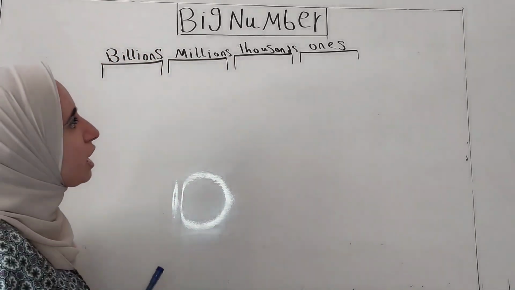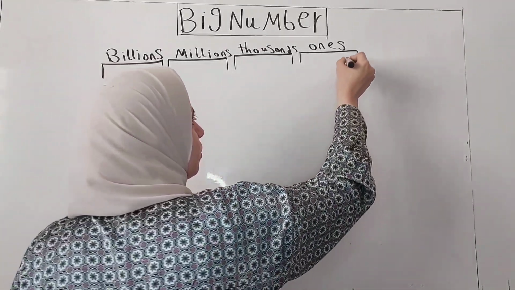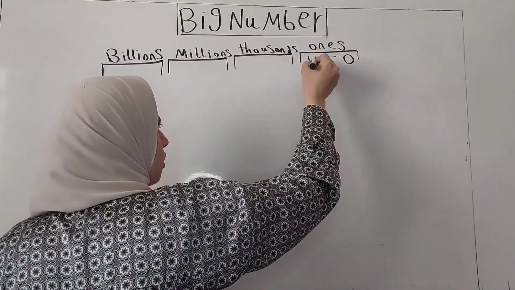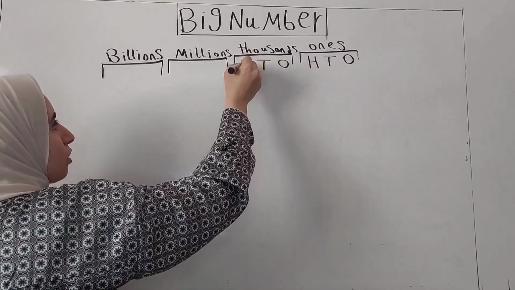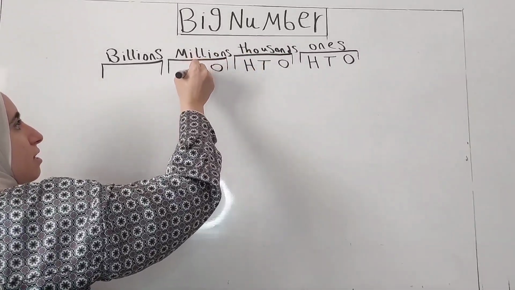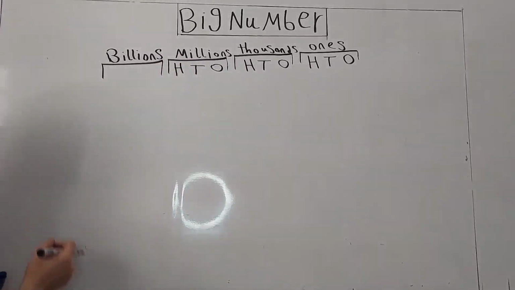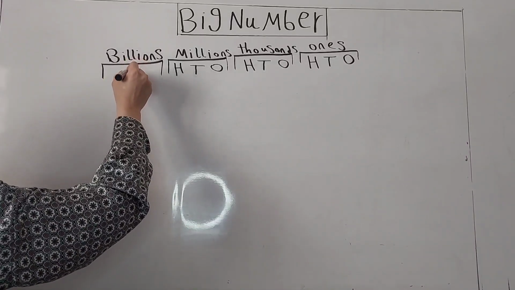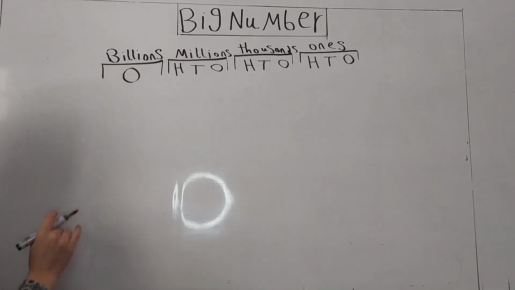Now, each family has 3 places: ones, tens, hundreds. But we only have one place, ones, in this billions family until now.